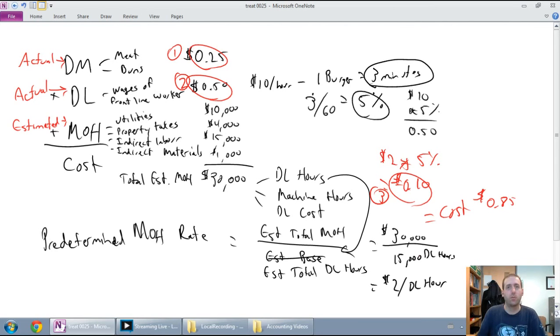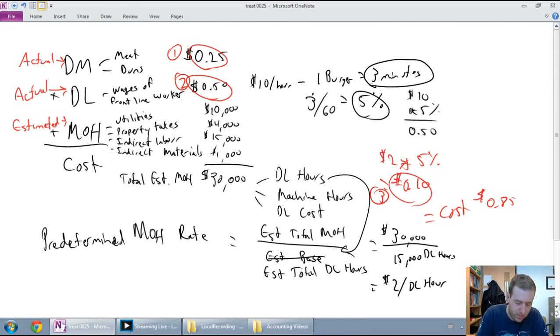Going back to our original burger, our burger took us 3 minutes to make, 5% of an hour, like 3 minutes out of 60 minutes. So if it costs me $2 per direct labor hour, 5% of $2 is 10 cents. My burger is going to have allocated to it 10 cents of overhead.